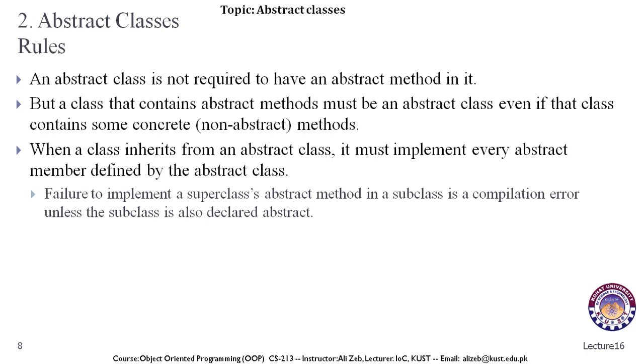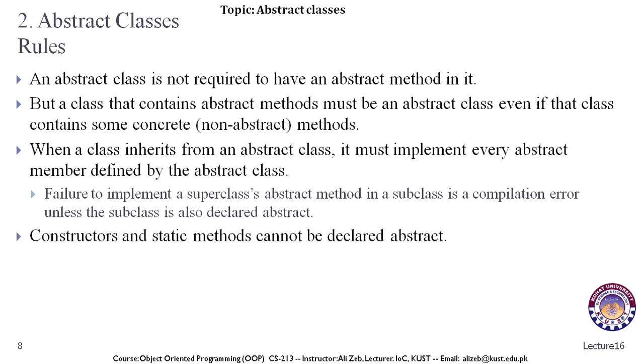If we inherit from a superclass that is an abstract class, we need to implement every abstract method of that superclass, or we will need to declare the subclass as an abstract class, which will in turn have its own subclass, and that subclass will need to implement the abstract method of its superclass.